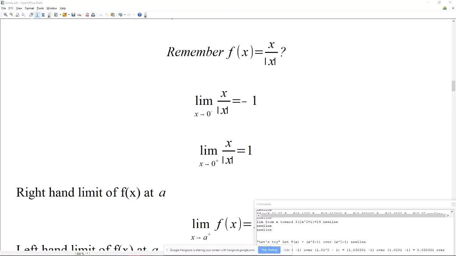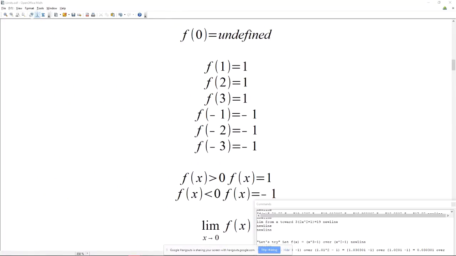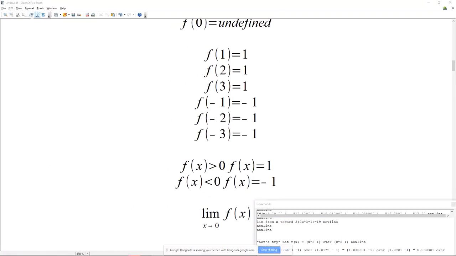Think about it, because you're coming from negative infinity, which is coming from the left-hand side of the Cartesian system. So as you approach 0 from the left, the left-hand limit is going to be equal to -1, which you've already seen up here. We already determined that anything you put in here that's negative is going to be -1. So as it approaches from the left, from negative infinity towards the origin, it's going to be -1.